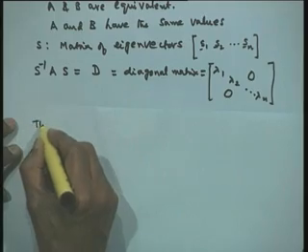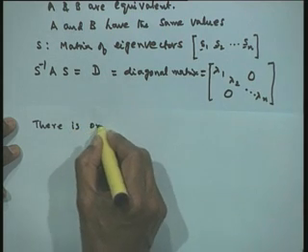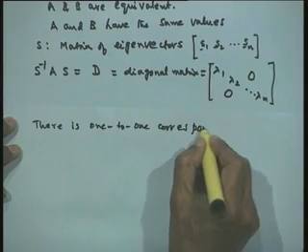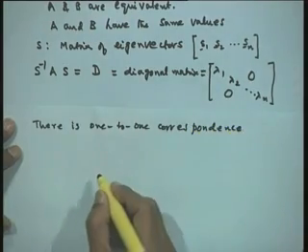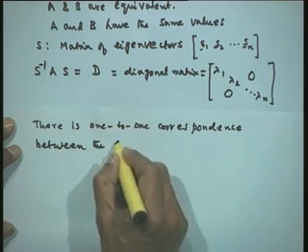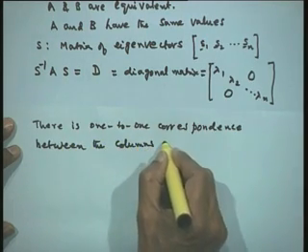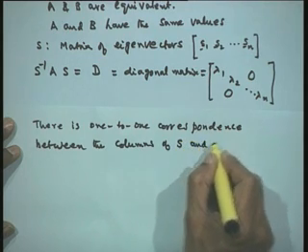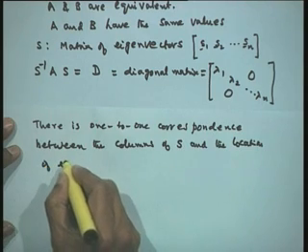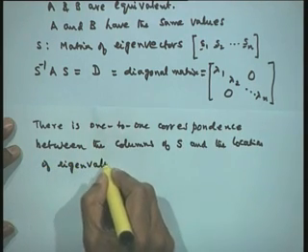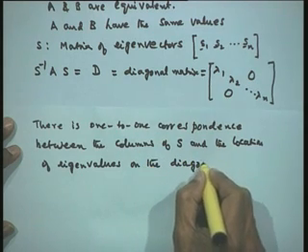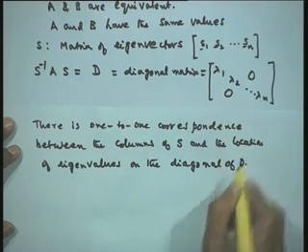So, there is a one-to-one correspondence between the columns of S and the location of eigenvalues on the diagonal of D.